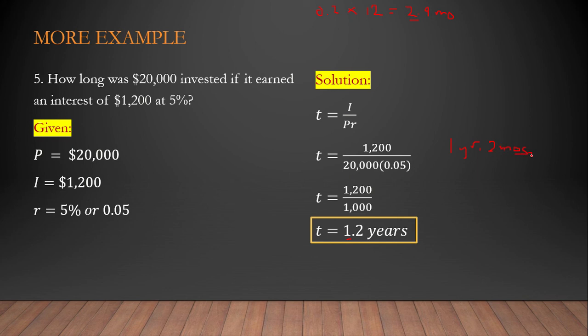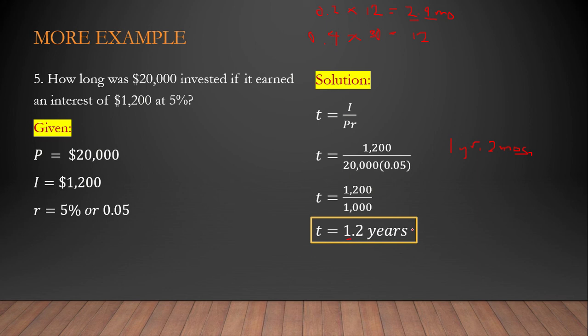But, meron pang 0.4. So, ano to? So, this is days. So, 0.4 times days. So, how many days in a month? So, approximate is 30 days, diba? So, 0.4 times 30, this is 12. So, this is 12 days.